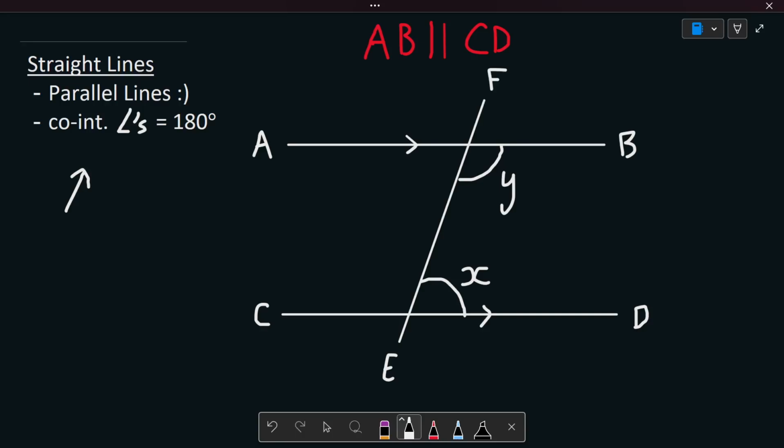But obviously the scale doesn't really matter. What we need to know is that these two angles will equal 180 degrees. So the reason says, co-interior angles are equal to 180 degrees.